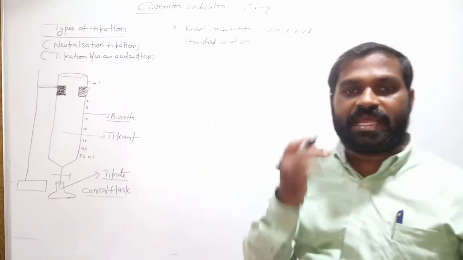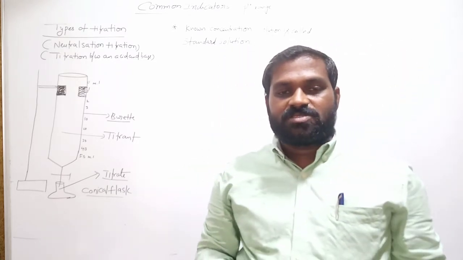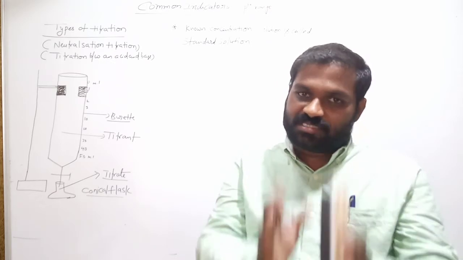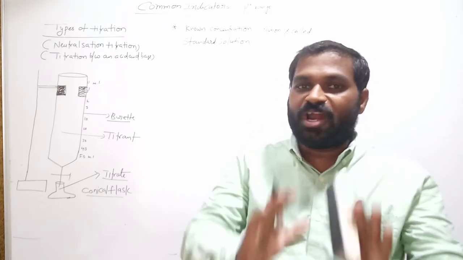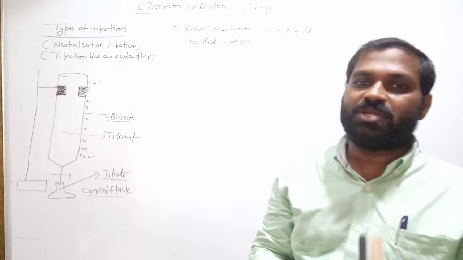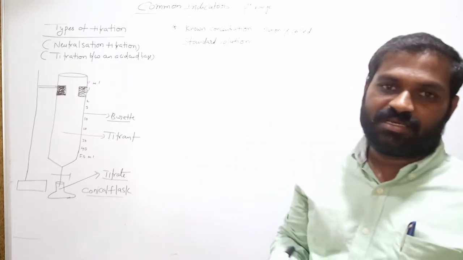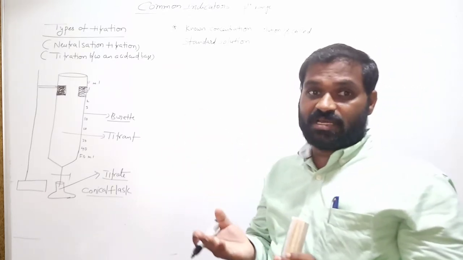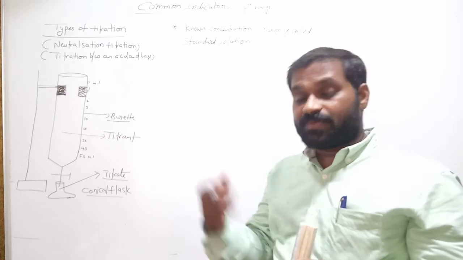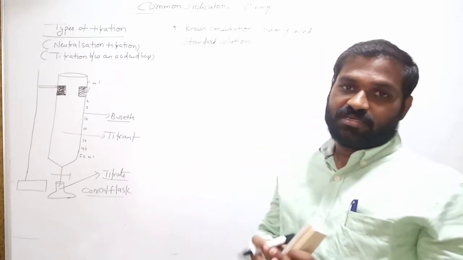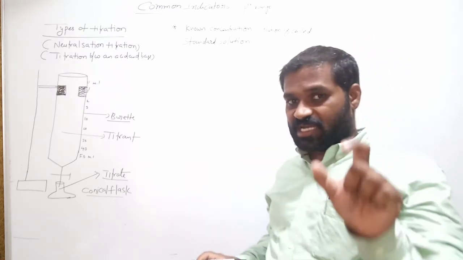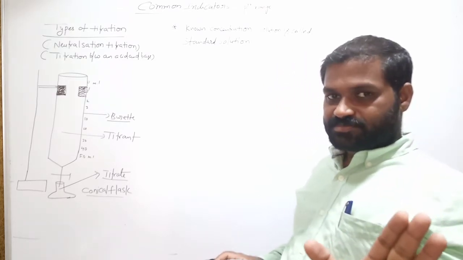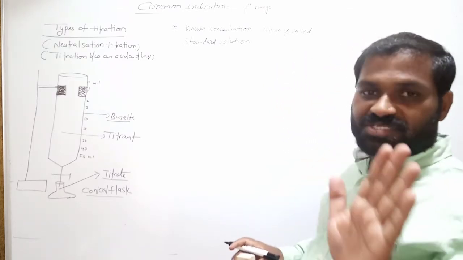Suppose 1 molar NaOH. So we prepare that. We know the concentration of that solution, 1 molar. We know that concentration already. That is called a standard solution. We prepared it with a particular concentration. If you know the concentration of the solution initially, that is a standard solution.